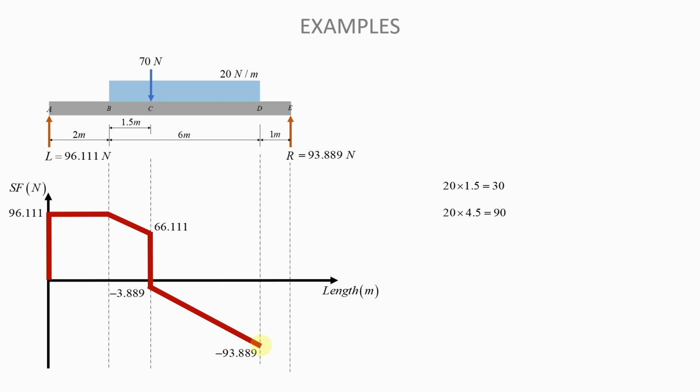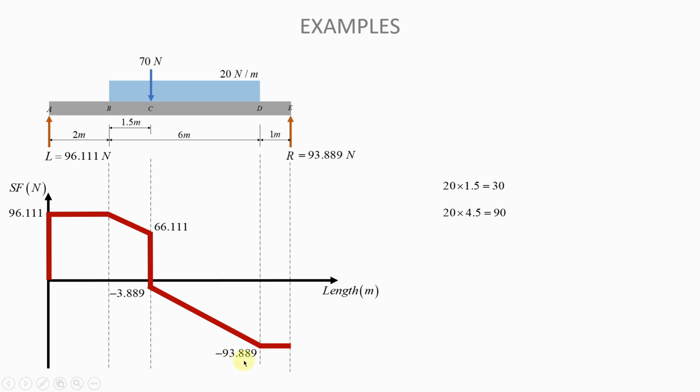Once you reach this point, as you can see, between the end of the UDL and the end of the beam, there are no forces, so you will remain at minus 93.889. You remain at that because you have no forces here. And then once you reach this point, you now have the reaction on the right, which is shooting up by 93.889.